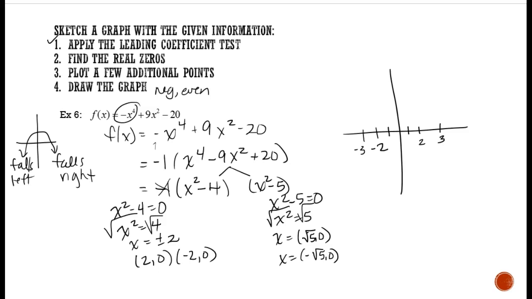We know all our multiplicities are 1s, so it's going to cross right through, real nice and easy. If you had a multiplicity of 2, you would know it would bounce, but these are just multiplicity of 1. So we know it crosses at negative 2. We know it crosses at positive 2. We know it crosses at negative square root of 5, 0, so that's somewhere in between, and at positive square root of 5.